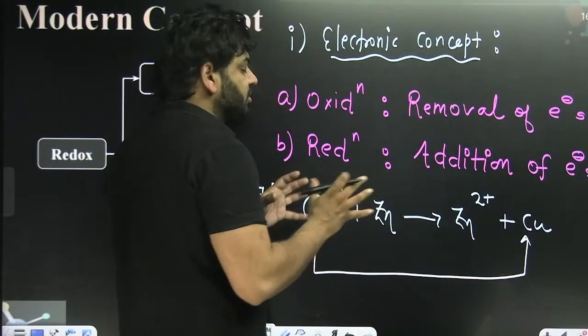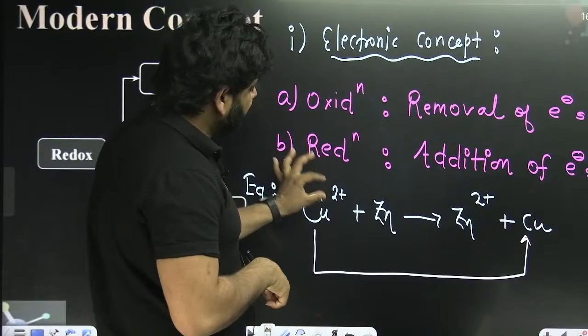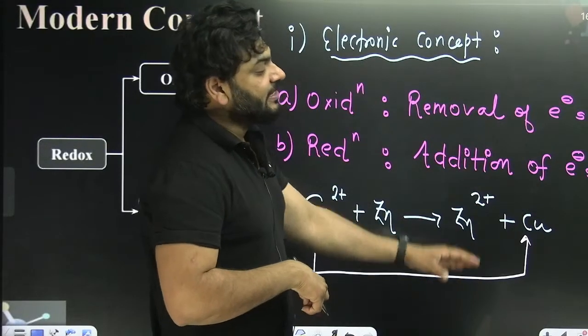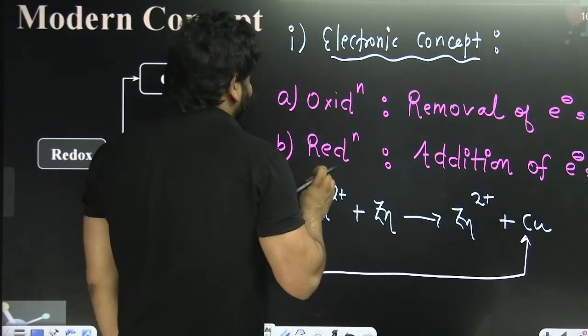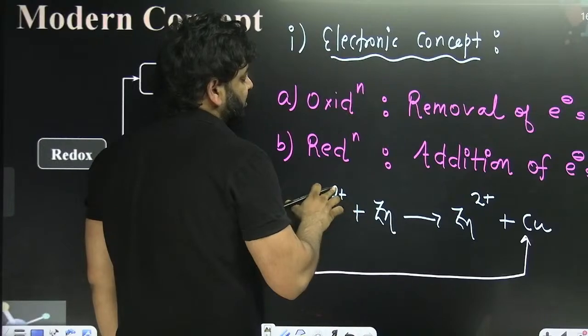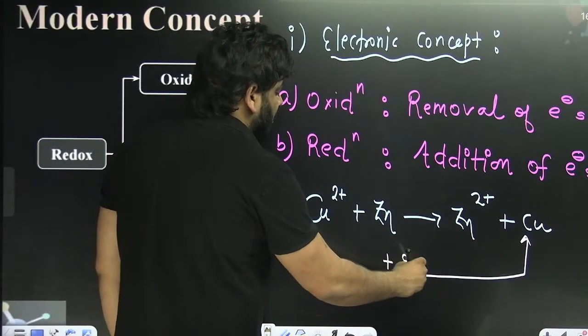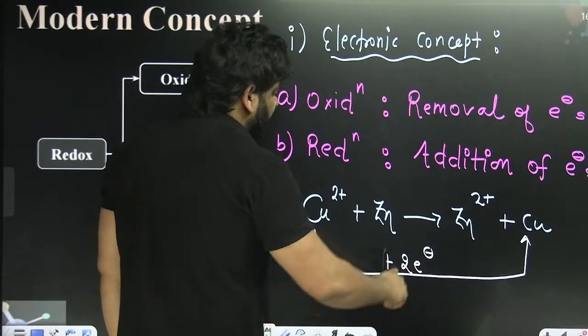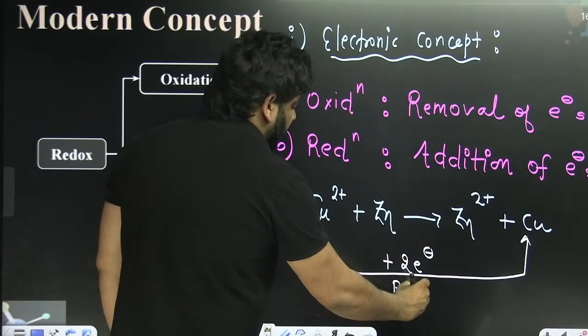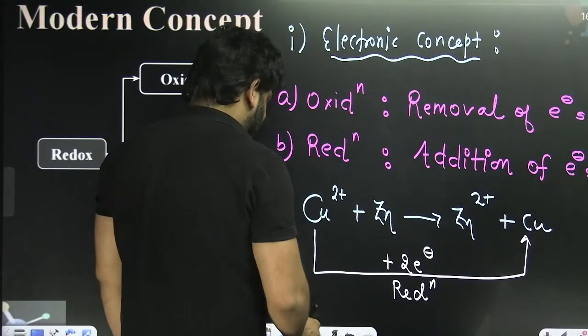If something with a positive charge has to go to a neutral state, to zero, somebody has acquired 2 electrons. That is why the charge 2+ has converted to 0. So we are adding 2 electrons. Addition of electrons becomes what? Reduction.